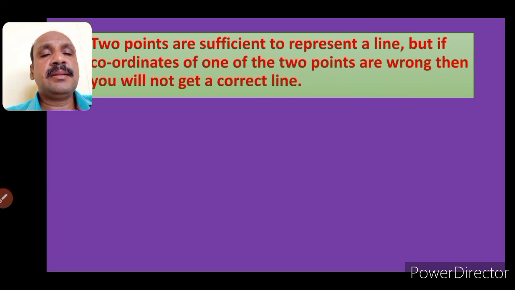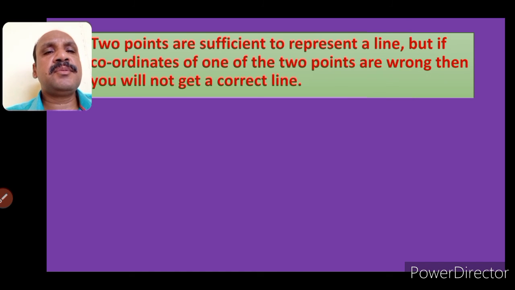Okay, now next, there are some important points for drawing a graph or plotting points on the graph paper. To plot the points on the graph paper, 2 points are sufficient to represent a line, but if the coordinates of one of the 2 points are wrong, then you will not get a correct line.